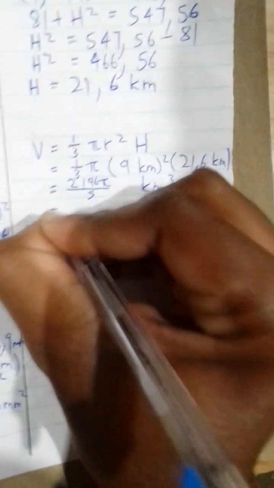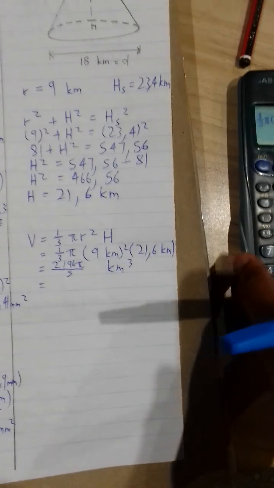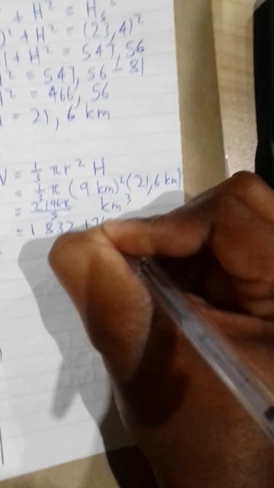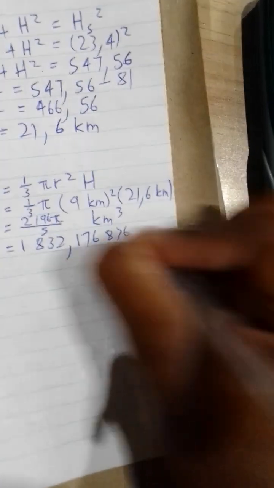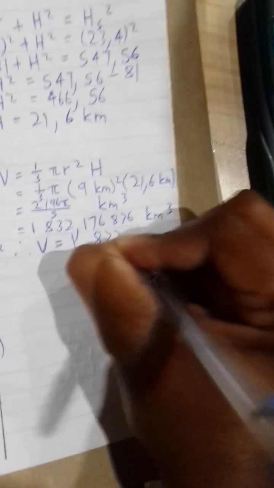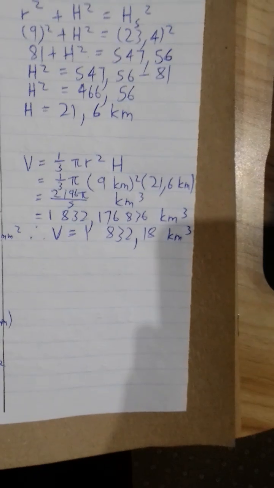That gives 2196 pi over 5 kilometers cubed, 1832.176836 cubic kilometers. To two decimal places, V is 1832.18 kilometer cubed. Okay, I hope that is clear enough.